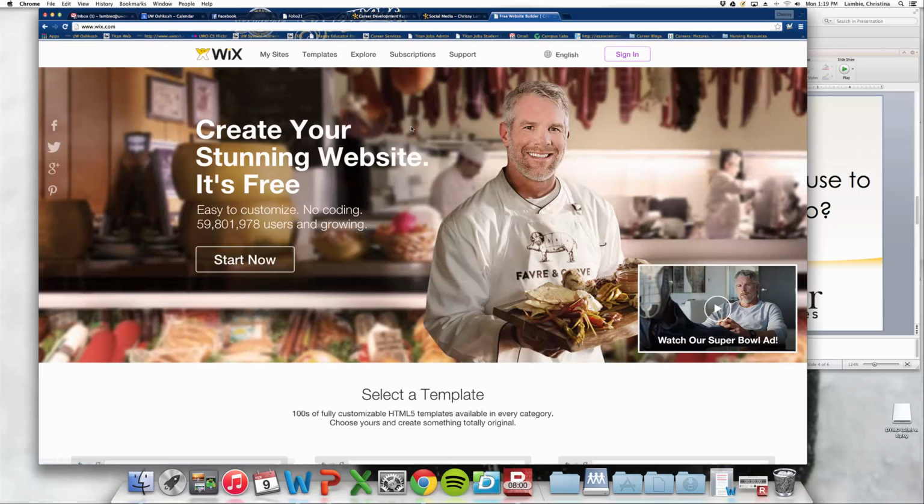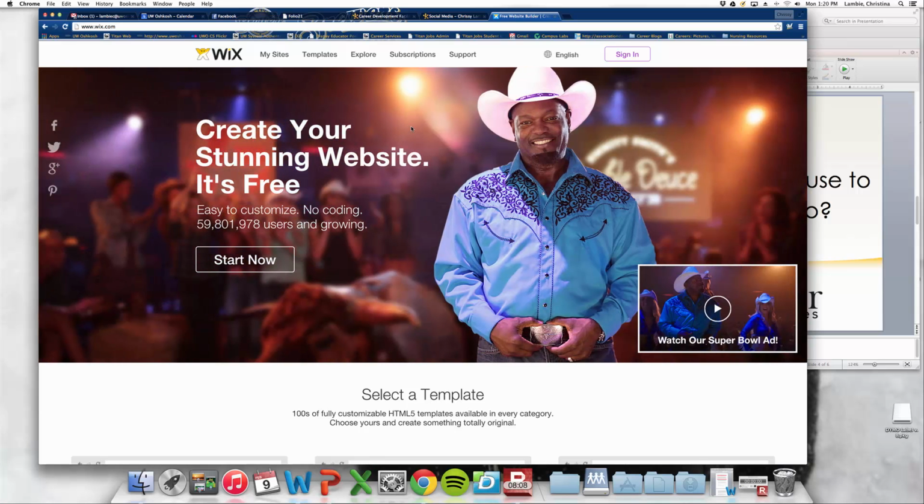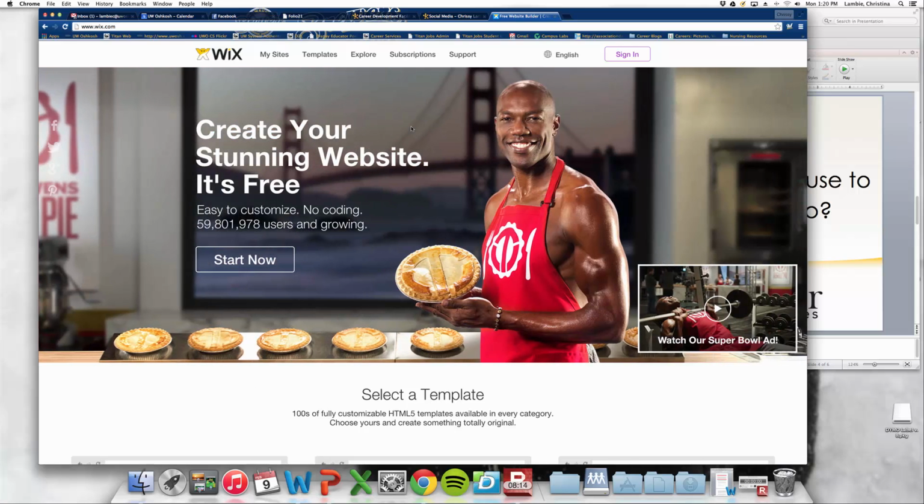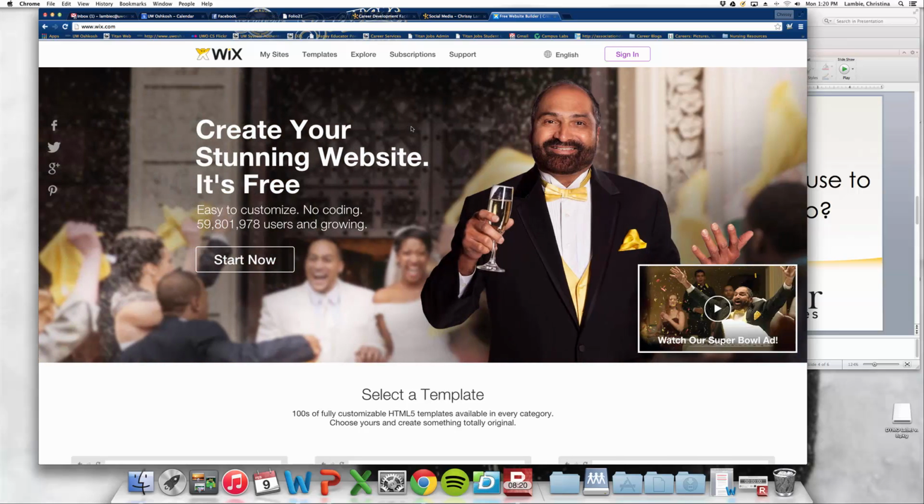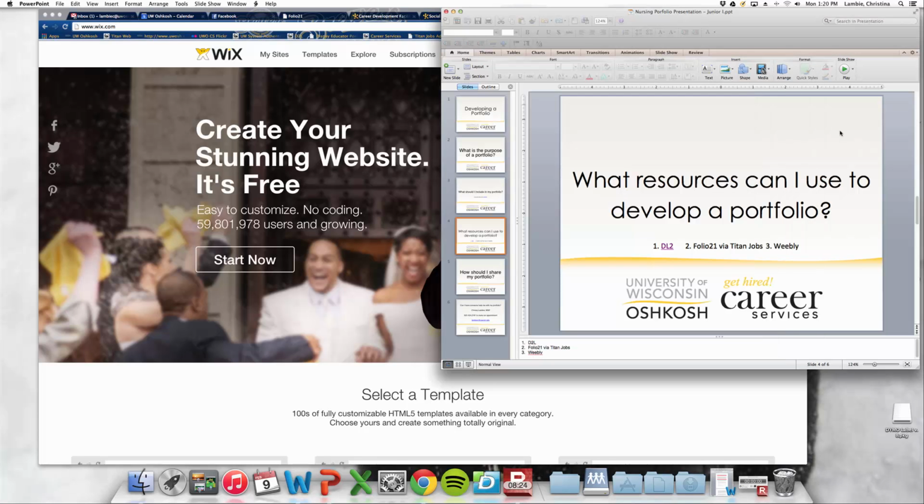You can really create your own website. It's pretty user-friendly. In the class that I took over the last semester, some of my classmates did use Wix.com to create their web page. I have also seen students use Weebly. What's great about Weebly is it is also very user-friendly and very customizable. So certainly something to consider as you create your portfolio.